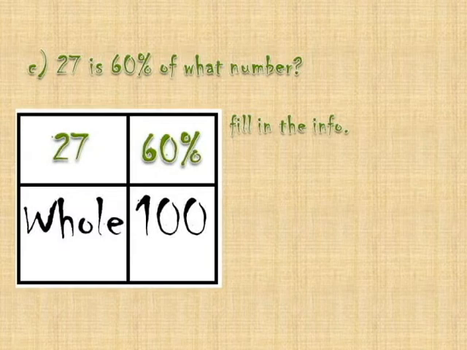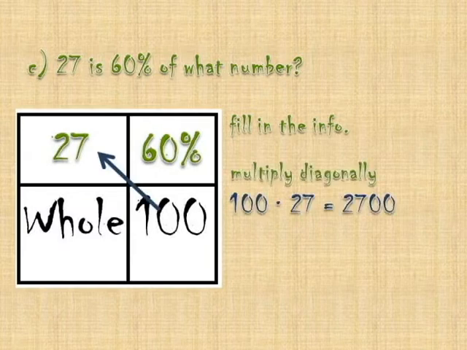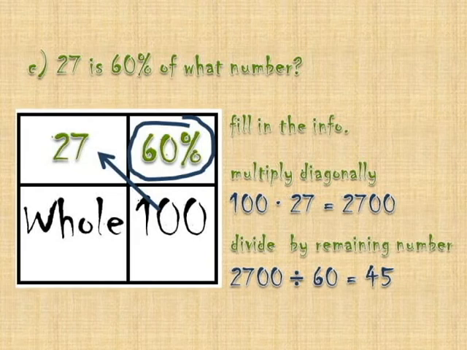Now that I have three numbers in the diagram, I'm going to multiply the numbers that are situated diagonally. 27 times 100 is 2,700. And I'm going to use the final number that has not yet participated in any of the calculations. That's 60%. I'm going to divide 2,700 by 60 to give me 45.